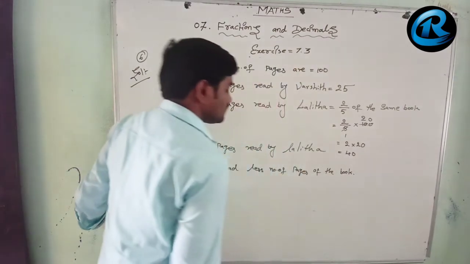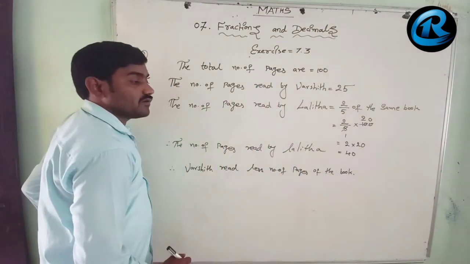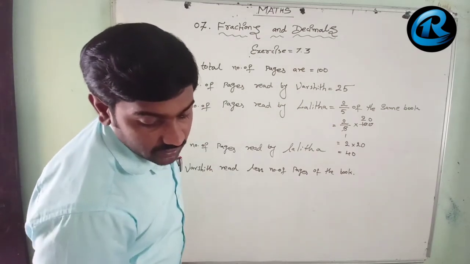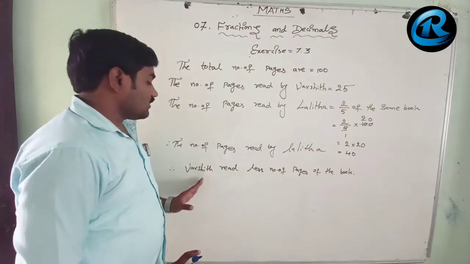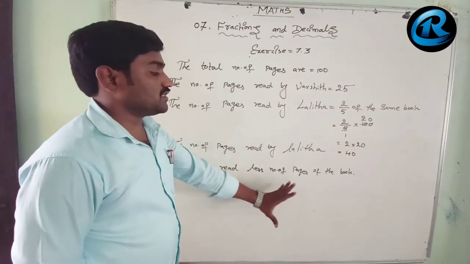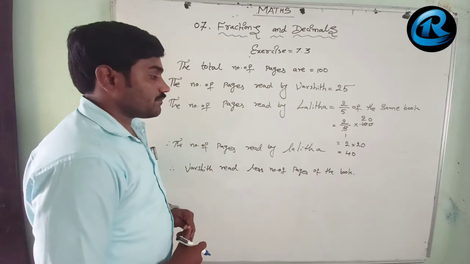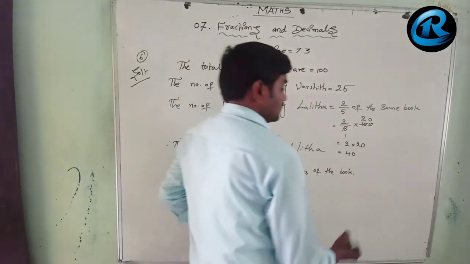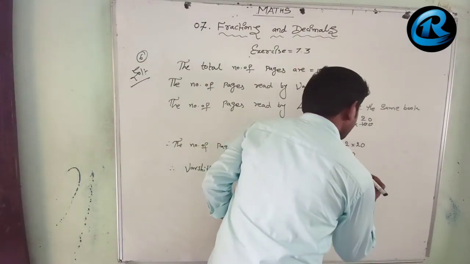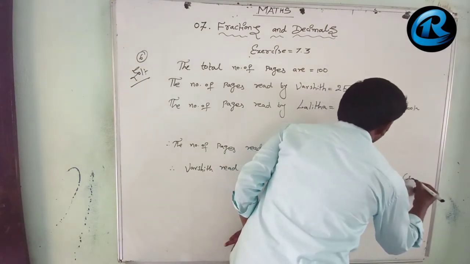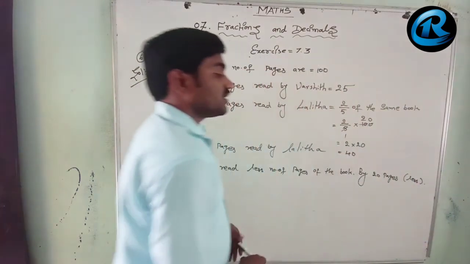How many less? Who read the less? Give a reason. So, Varshit read less pages of the book. How many? By 20 pages less.